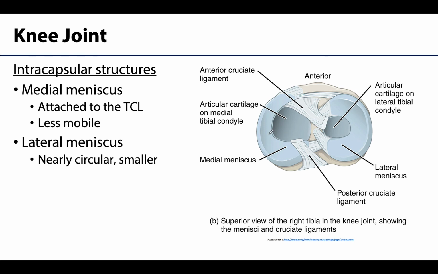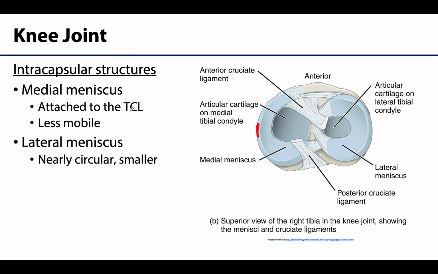And the medial meniscus is going to be firmly adhered to the deep surface of that tibial collateral ligament on that side. So the implication of such a close connection between those two structures is that if one of them gets injured, it's very likely that the other one will as well.